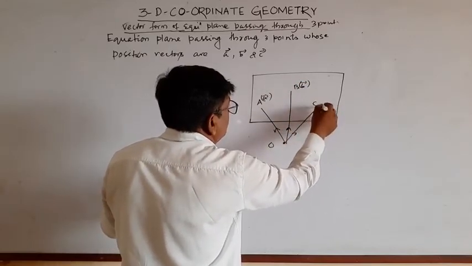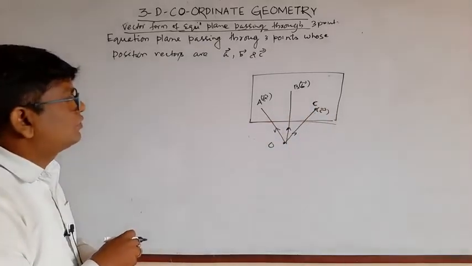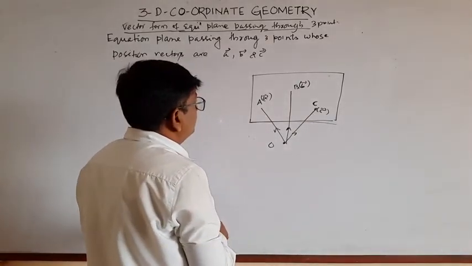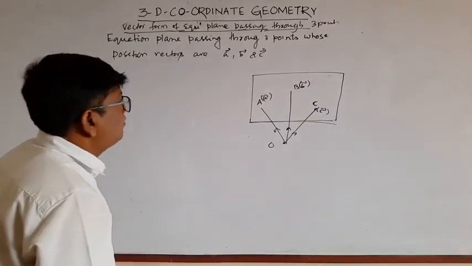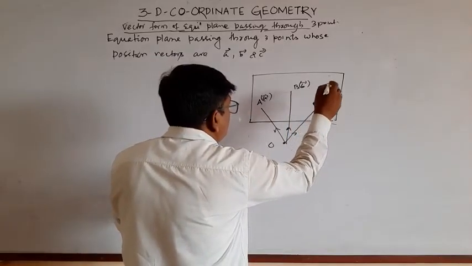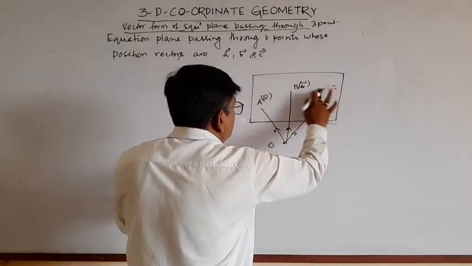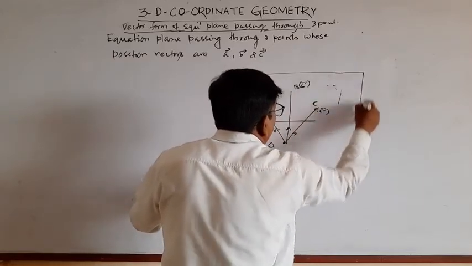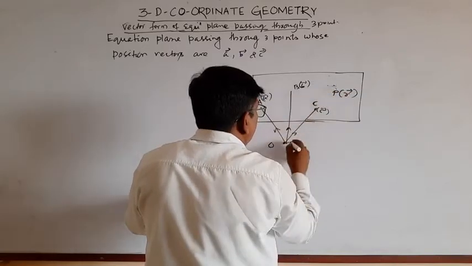This is point C. So the direction of B cross C is here. Let P be any point whose position vector is R vector.